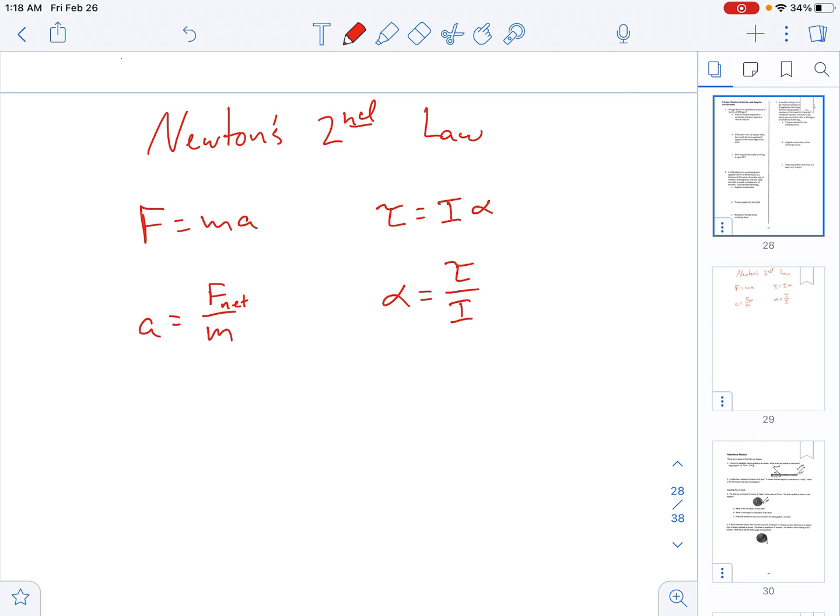As we can see, just like with Newton's second law of linear motion, our equation showed us that if torque would go up, if the force would go up, the amount an object would accelerate goes up as well. The harder we push something, the more it's going to accelerate, and vice versa.